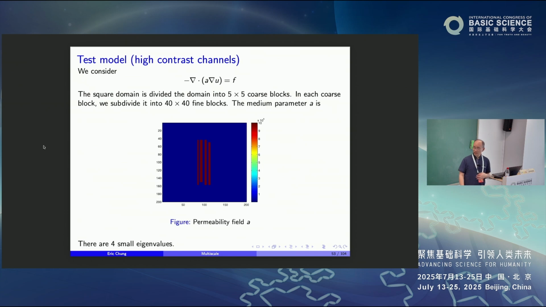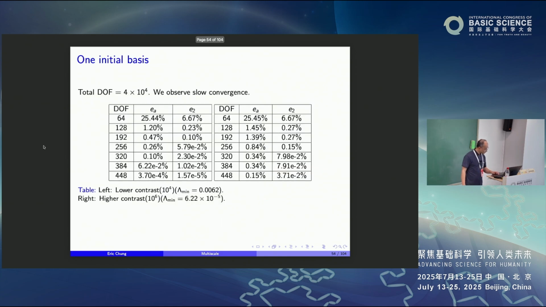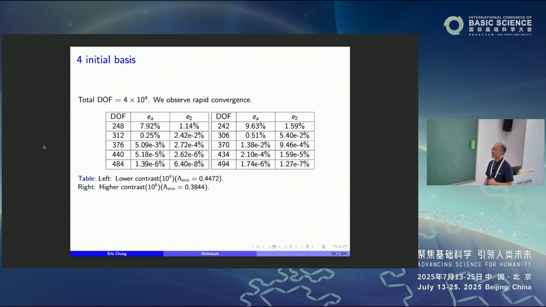So next, I just use this example to show what we mean. Again, you look at the same equation, and this is the A that we use. Now, I just go to this table. Basically what you see is the following. Again, we use the basis function that we just mentioned.